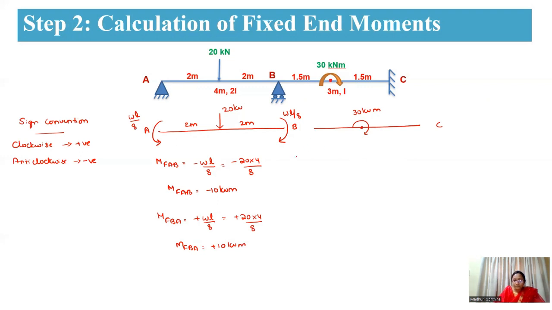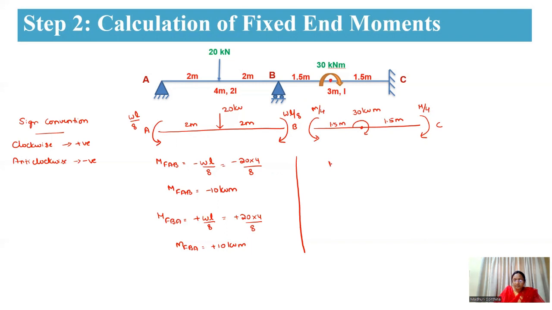Similarly, when we consider the BC span, when we have a moment at this point, which is 30 kilonewton meter, you are going to develop the end moments again. As it is a symmetric position, 1.5 meter and 1.5 meter, it will be equal to M by 4 and M by 4.